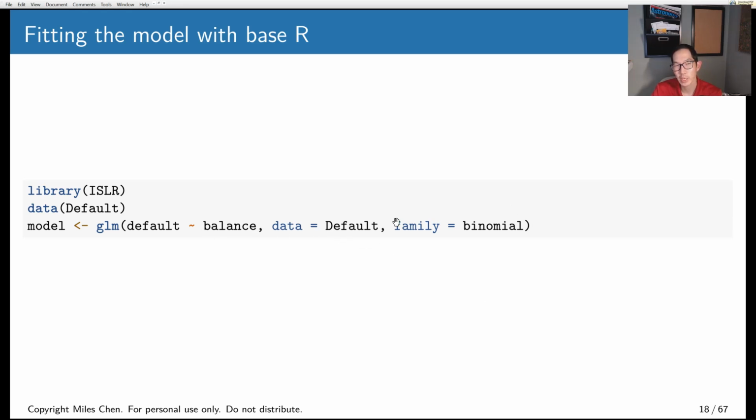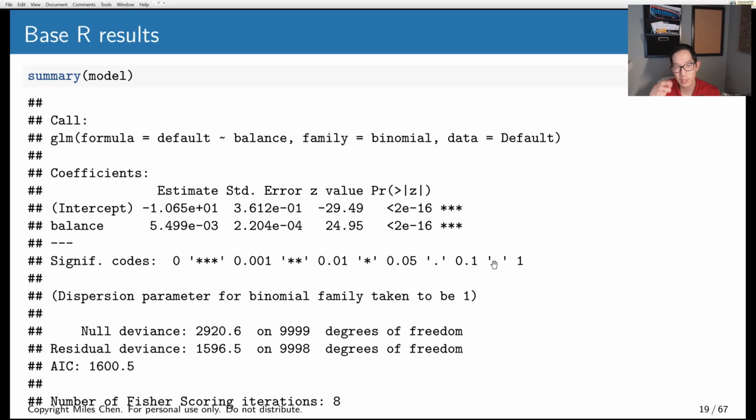And then to make it a logistic regression model, we have to use this link function. We'll say family is equal to binomial. And basically what this means is that the residuals will be modeled as from a binomial distribution.